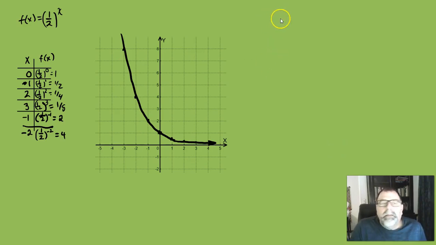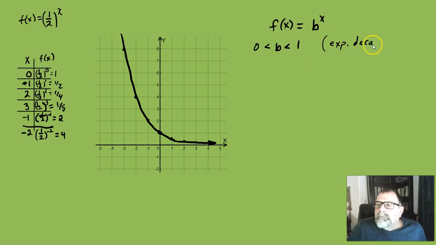So basically, if we have f of x equals b to the x, and b is between 0 and 1, okay, we're going to get an exponential decay curve.